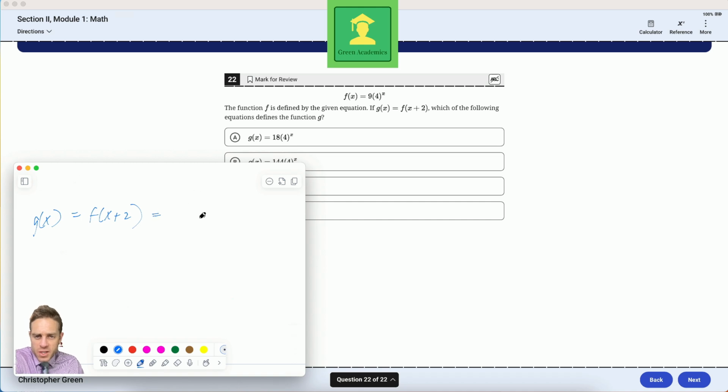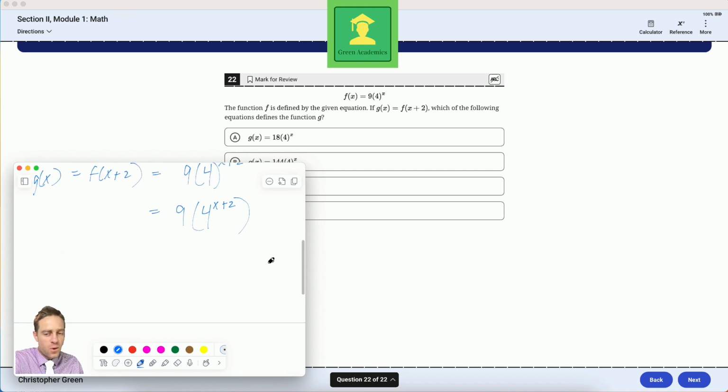So g of x, so that's 9 times 4 to the x plus 2, which is 9 times, I'm going to write it momentarily this way, just to be crystal clear that the exponent x plus 2 applies only to the 4. Now, I think what they're doing is, from the rules of exponents, 4 to the quantity x plus 2 is the same as 4 to the x times 4 to the 2.